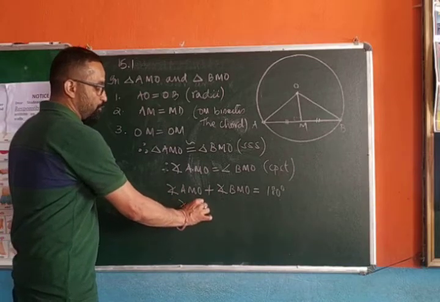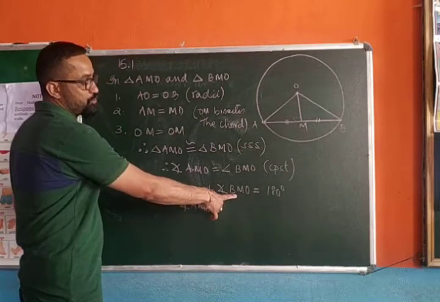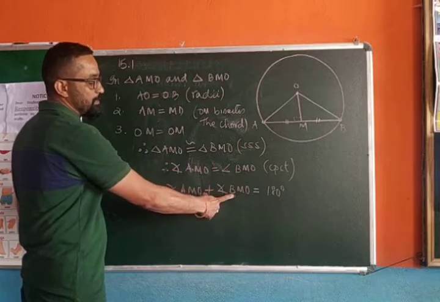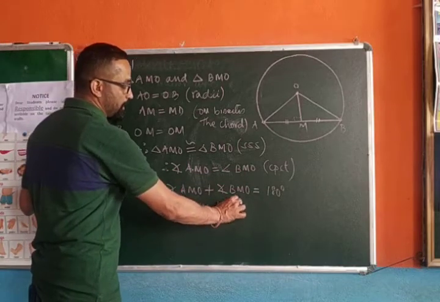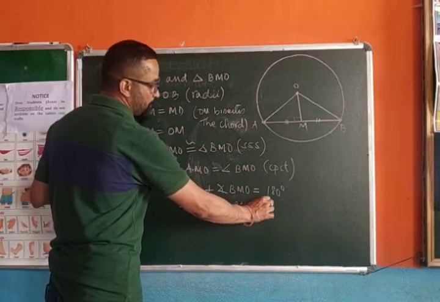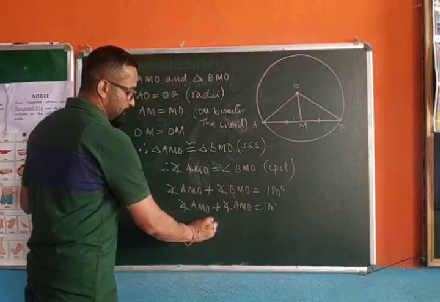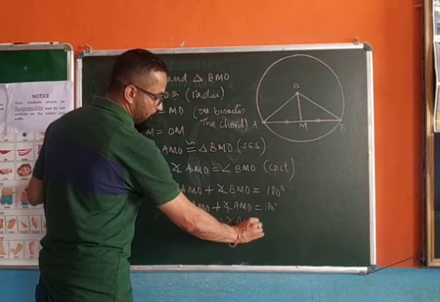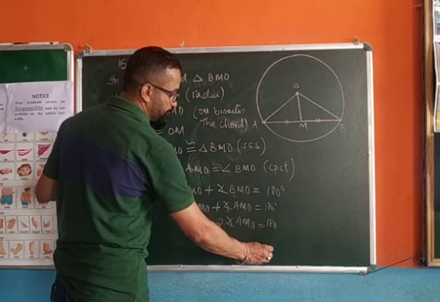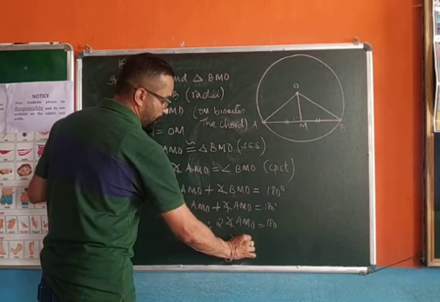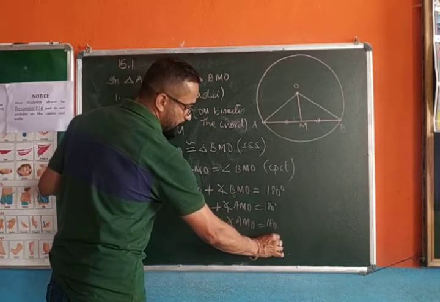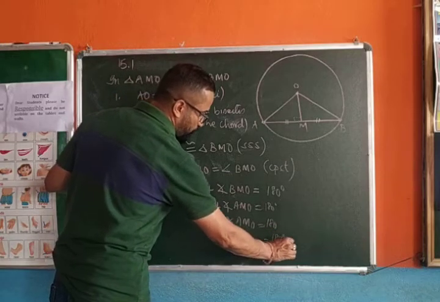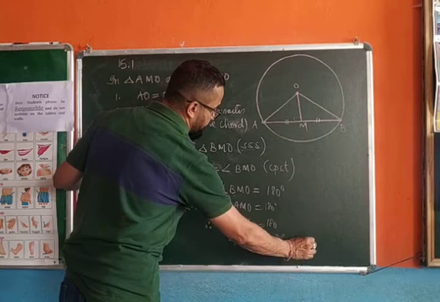Angle AMO plus these two angles are equal, so replace BMO by angle AMO, 180 degree. Therefore, twice of angle AMO is equal to 180. Angle AMO is equal to 180 divided by 2, which is equals to 90 degree.